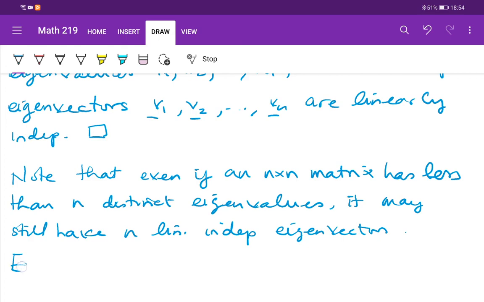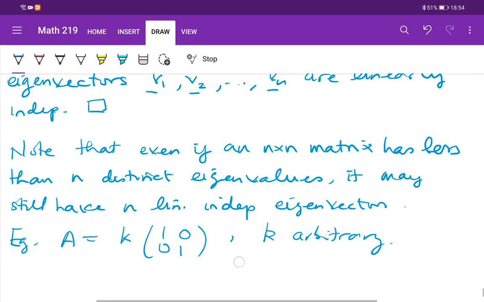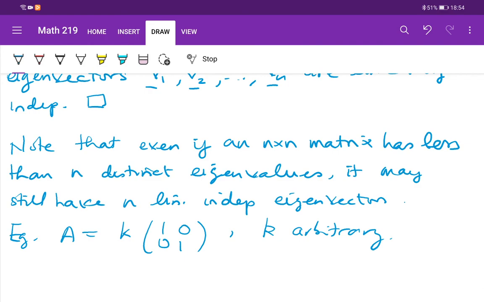For example, just take A to be K times the identity matrix, where K can be arbitrary. This matrix has just one eigenvalue, K, but you can find two linearly independent eigenvectors, certainly. Okay, I'll stop here.